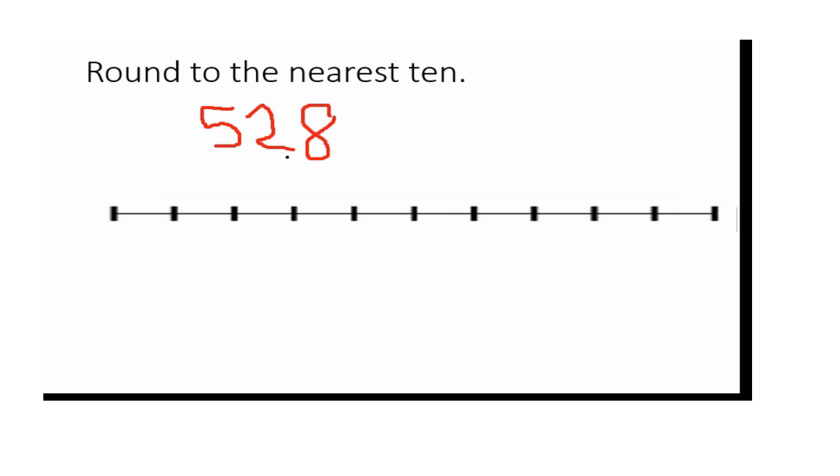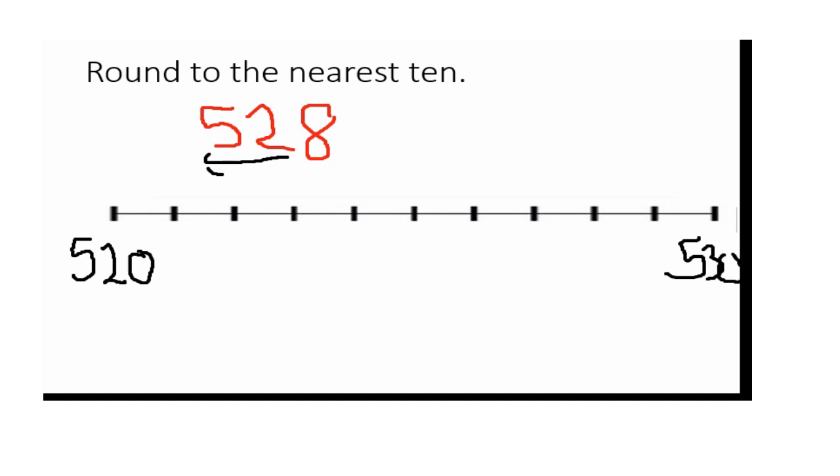I'm starting with the tens, underline them all. There are 52 tens in 528. So 52 tens, that's my one end of the number line. 52 tens means 52 with a 0, 520. And then 10 more would be 530.